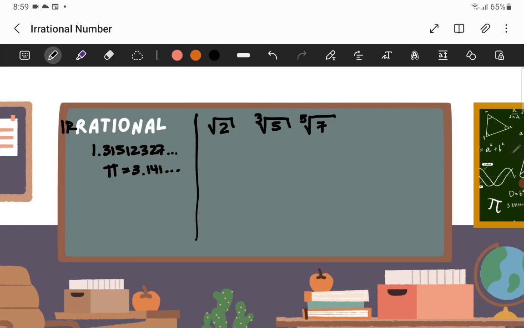When you calculate this using the calculator, it will give you an irrational number. But since these three numbers use the root sign, we can call them surds. So all the root numbers that give you an irrational number can be called surds.